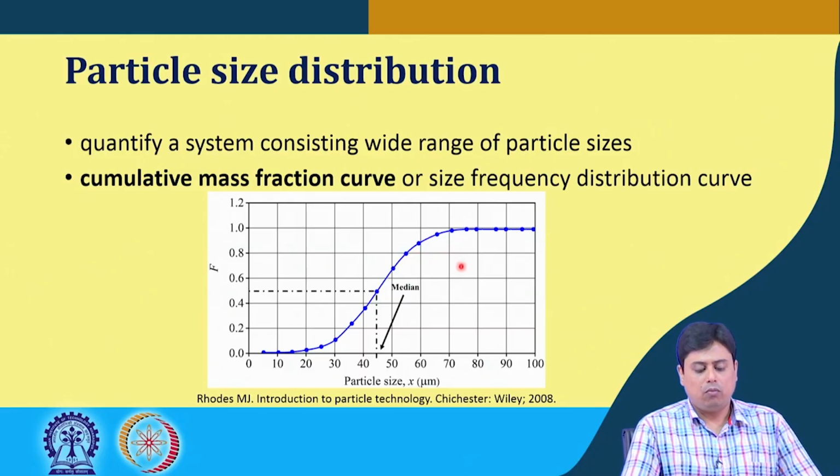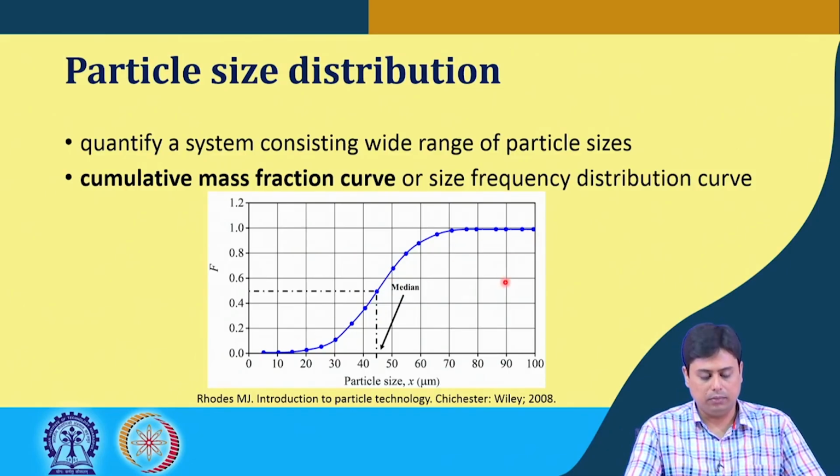Similarly, for the particles below 70 micron, you can weigh them, find the overall mass fraction for that size, and get another point. By connecting these points, you come up with a cumulative mass fraction curve.